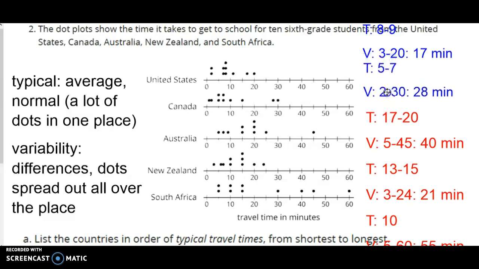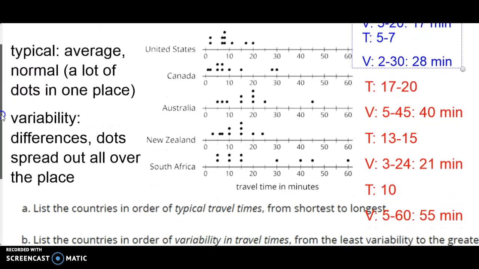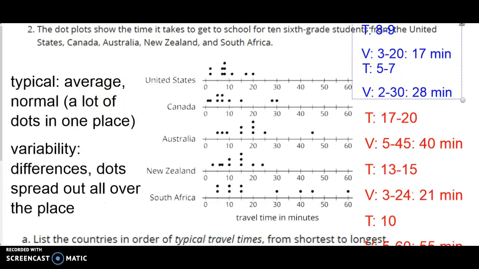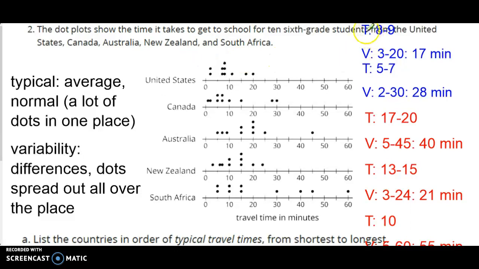Okay, now we can answer our questions. List the countries in order of typical travel times from shortest to longest. So here I'm only going to look at my T's, my typicals. So US is 8 to 9, Canada is 5 to 7, Australia is 17 to 20, New Zealand is 13 to 15, South Africa is 10.